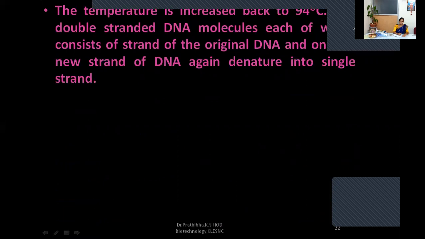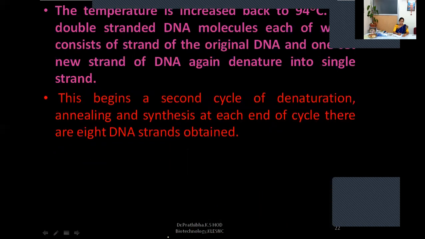The double stranded DNA molecules, each of which consists of one strand of the original DNA and one new strand of DNA, again denature into single strands. This begins a second cycle of denaturation, annealing, and synthesis.